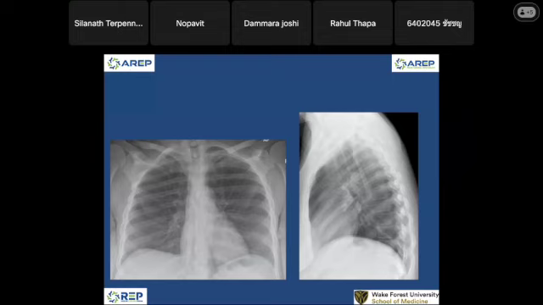So one of my senior colleagues used to ask residents, what are the three most important things that you need when you do chest radiograph? He always said, patient history, prior study, patient history, and prior study.